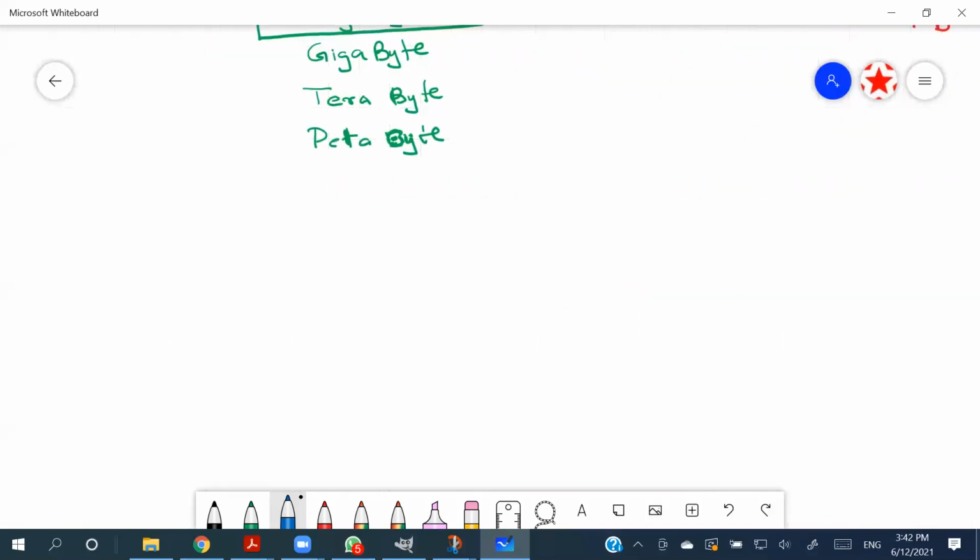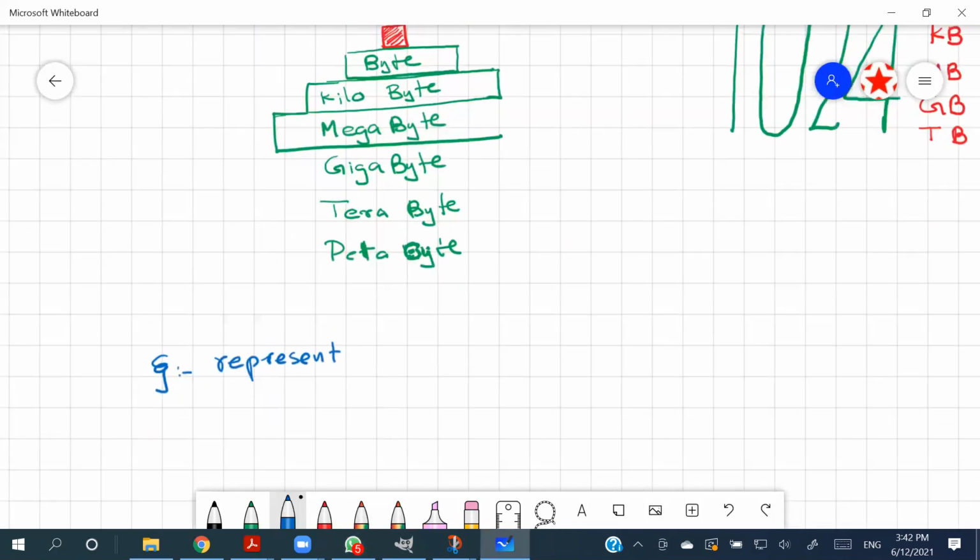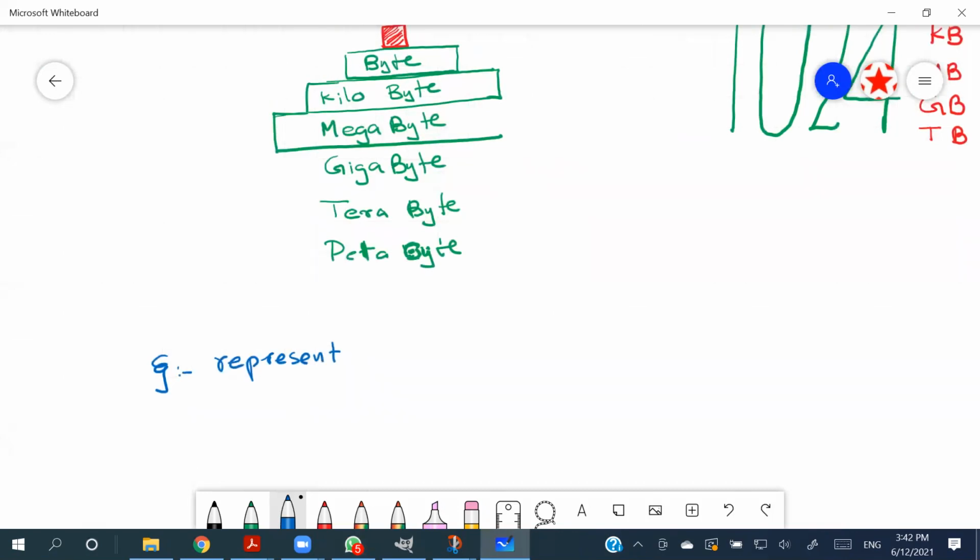Right, now if I take this example, represent, let's say, 37, the decimal value, in binary, octal, hexadecimal and BCD, right?